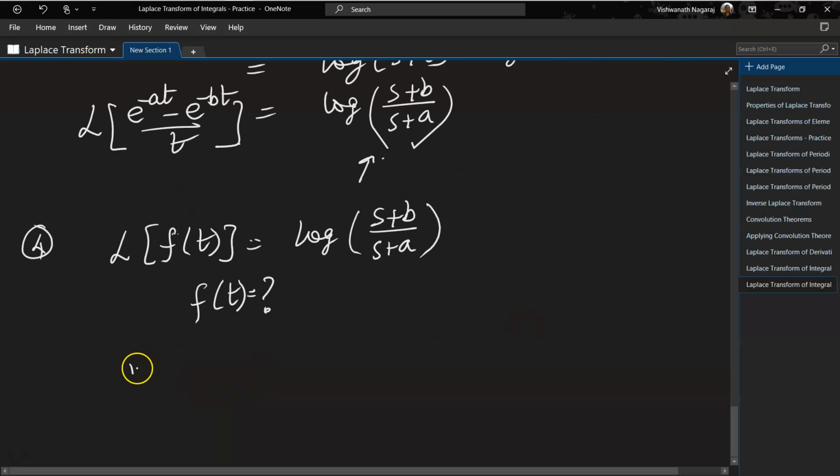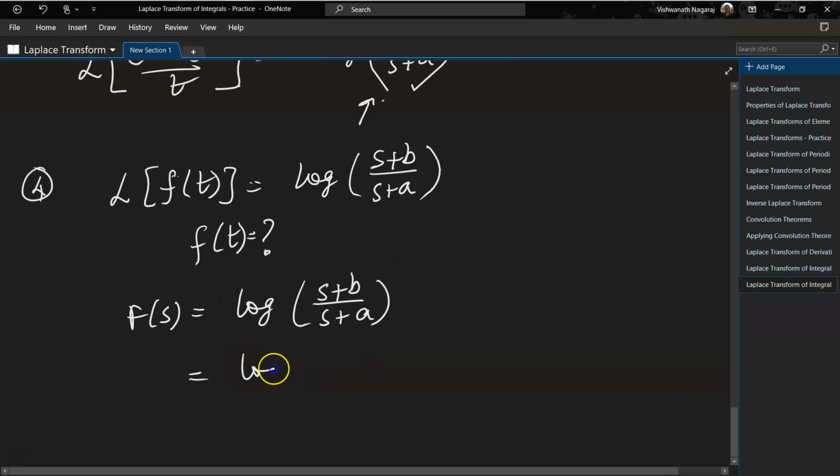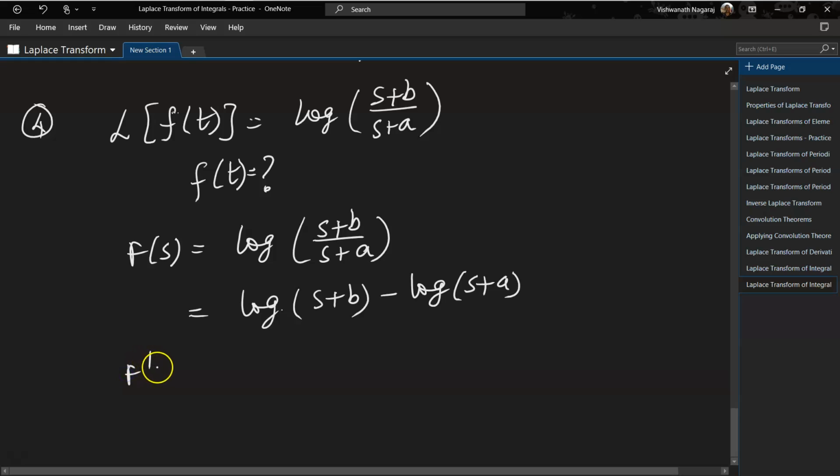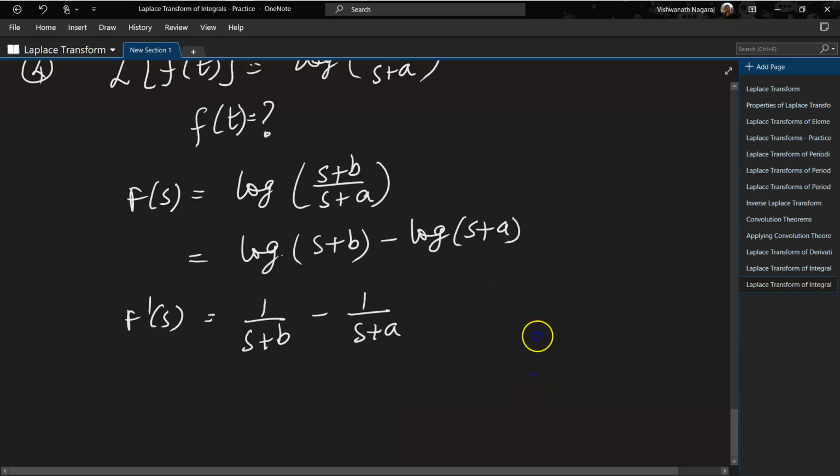So F of s is equal to log of s plus b by s plus a, which can be written as log of s plus b minus log of s plus a. Now F prime of s, the derivative, is 1 by s plus b minus 1 by s plus a.